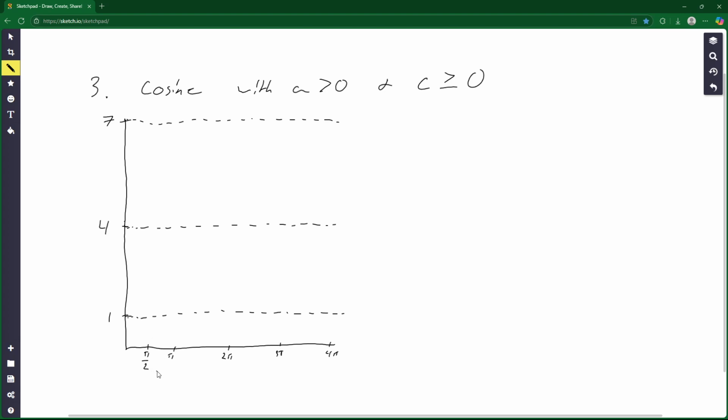Pi over 2, 3 pi over 2, 5 pi over 2, and lastly, 7 pi over 2. So let's go ahead and draw this out. We are going to be starting down here at 1, meaning let's go ahead and write down our values, A, B, C, and D.